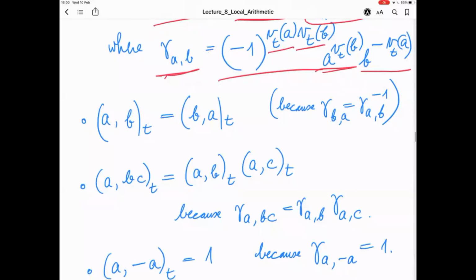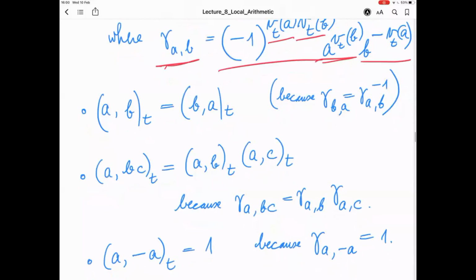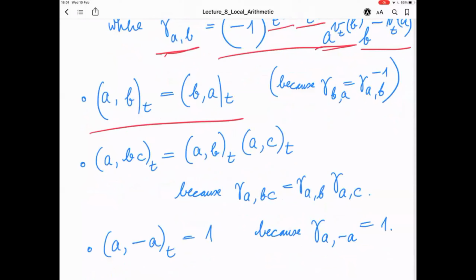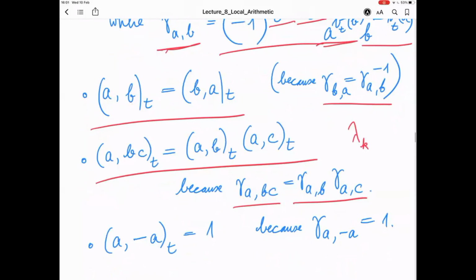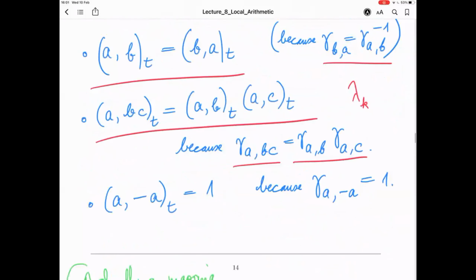But before that, let's look at some elementary properties of the Hilbert symbol. It's symmetric. And that's easy to see because this gamma_BA is gamma_AB inverse. And it's multiplicative. That's because this gamma itself is multiplicative. And of course, this lambda_K is a homomorphism, so it's multiplicative. And you have this property, (A, -A)_T is equal to 1.